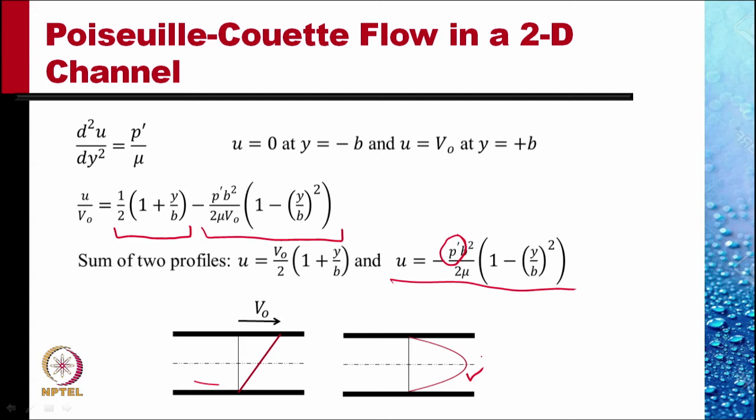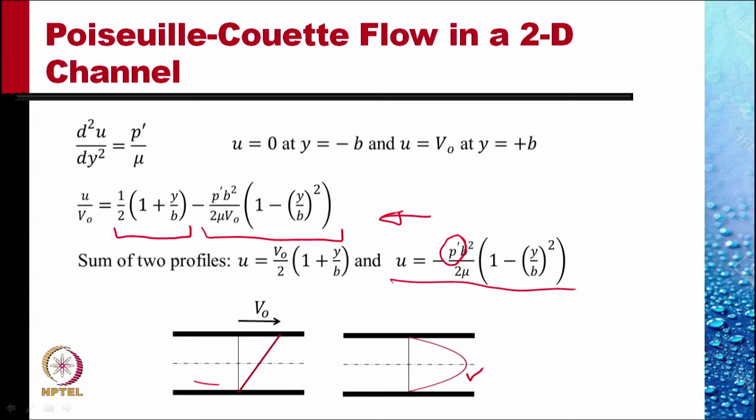This, you can see, is a parabolic velocity profile with a maxima at the middle. The velocity profile here is the combination of the two, depending upon the various values of P prime and v naught. We can have different profiles.